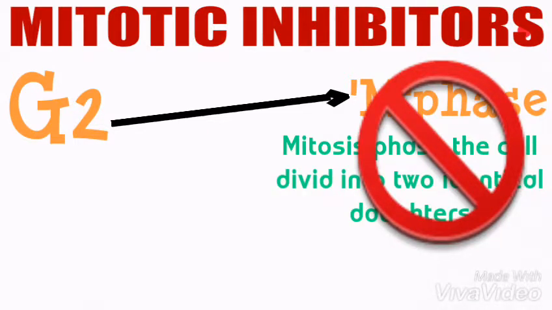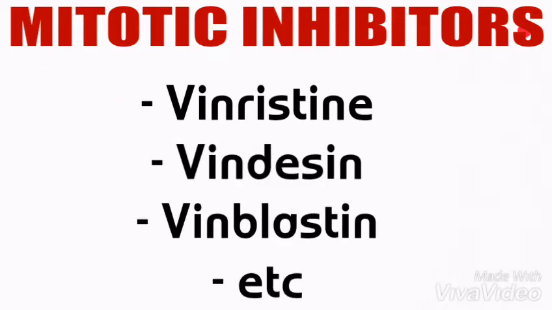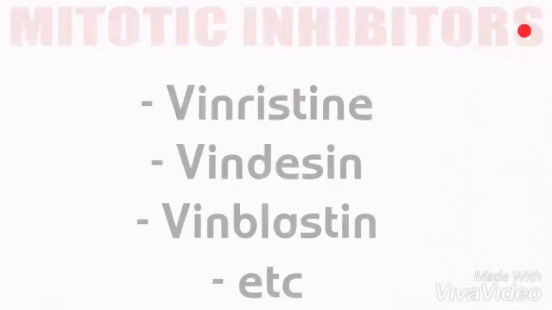So they disrupt that phase, meaning there will be cell death. Examples of drugs that you can find under this category, we have vincristine or oncovin. We also have vindesine, we also have vinblastine, for example, etc.